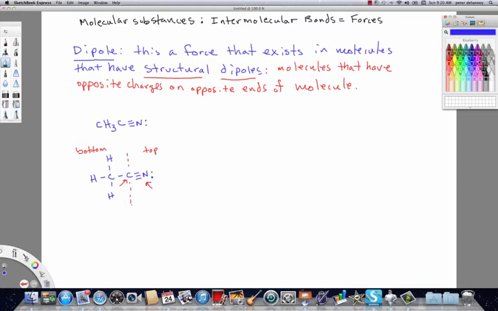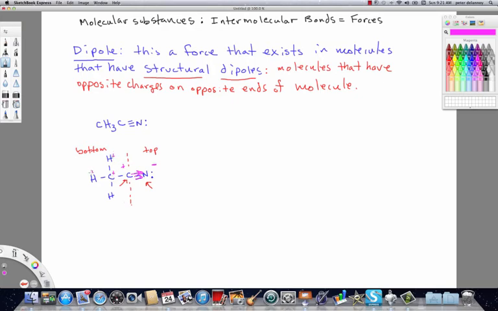Let me get a different color. We'll try this. So the electron density is shifted this way, towards the nitrogen. So the net result is that you're going to have a slight partial negative charge on the nitrogen. You're going to have a partial positive charge on this carbon. That's going to be translated out over here.